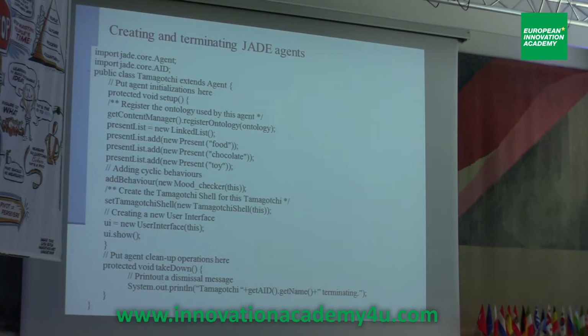We need to simulate it somehow, including its shell, including the digital bed inside it, by means of software. So here we simulate the creation of the Tamagotchi shell, creation of the user interface, with simulation of this user interface. And here this agent is taken down, or the Tamagotchi is finished here, is terminated.